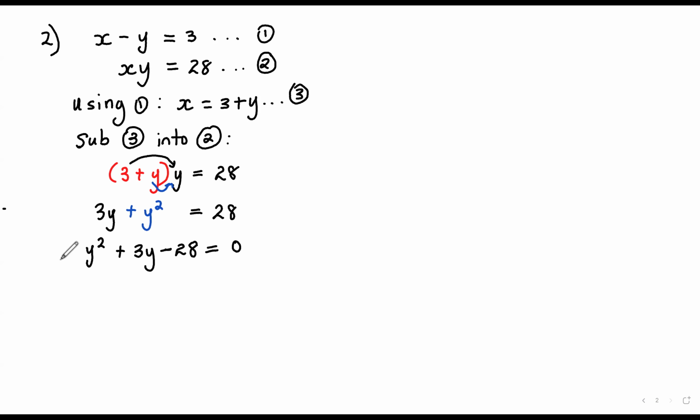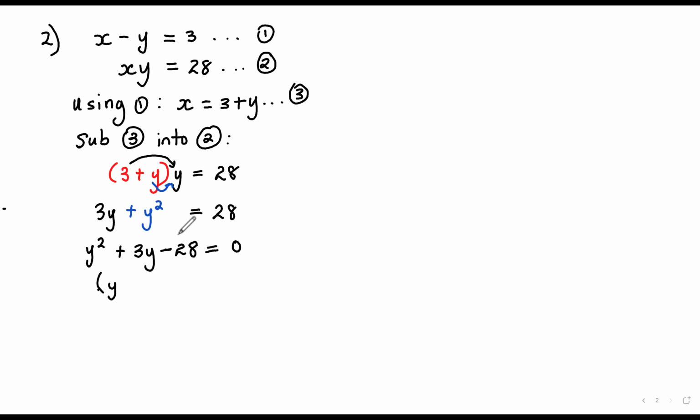Again, because the coefficient of y squared, a in this case, is 1, I know I'm only going to be looking at 3 and negative 28. And I'm asking myself, so I'm factorizing, what two factors of 28 will multiply to give me back minus 28 and at the same time add or subtract to give me 3? Well, those would be 7 and 4, because 7 times 4 is 28 and 7 take away 4 is 3.